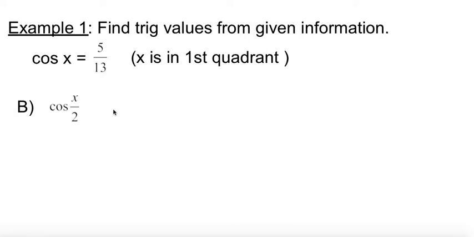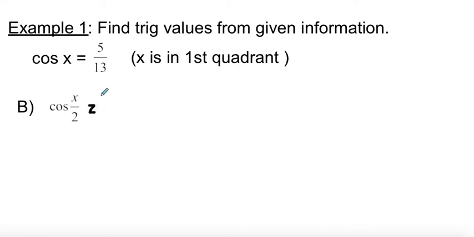So now we have to find a half-angle identity. We've got the half angle here of cosine. So cosine of x over 2, or the cosine of 1/2 times x. We've got a nice formula for that. We have plus or minus, so let's write it out exactly what the formula says.